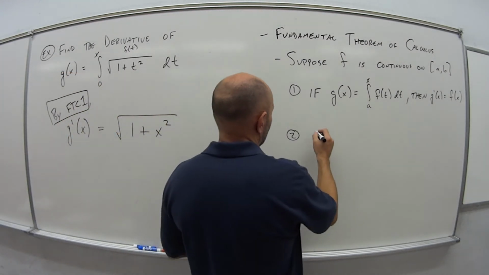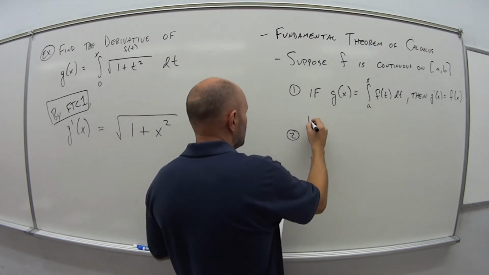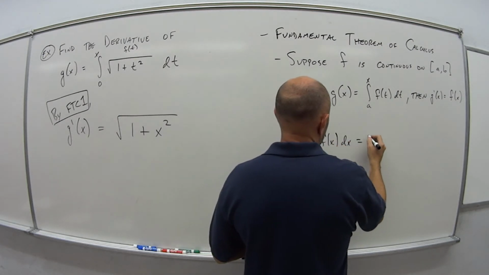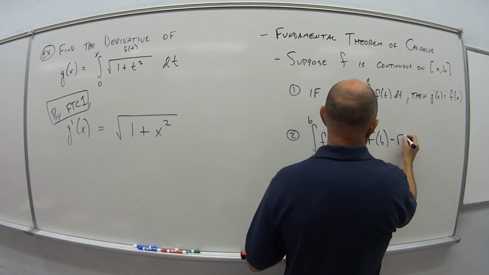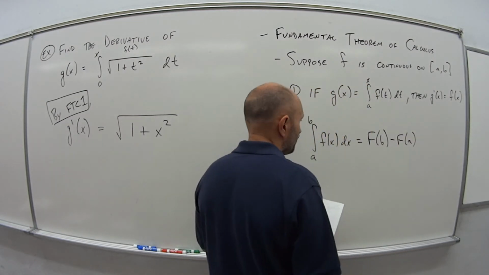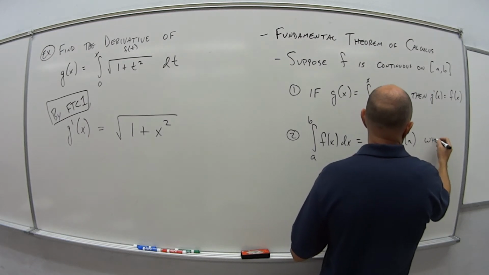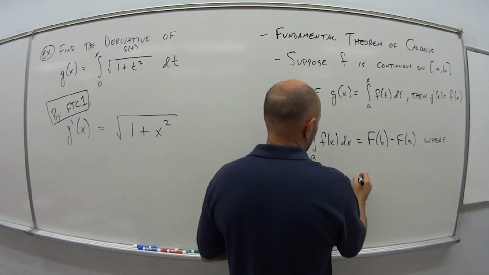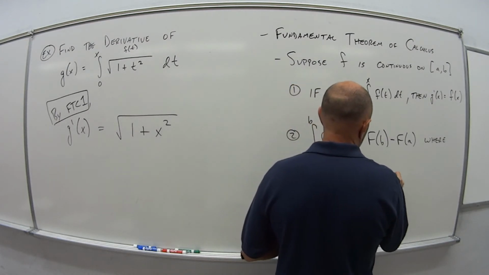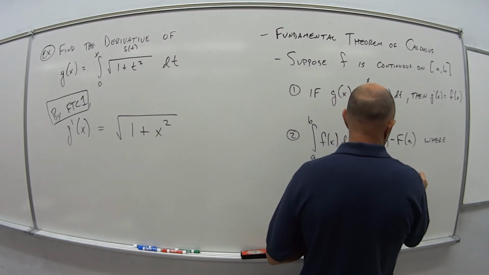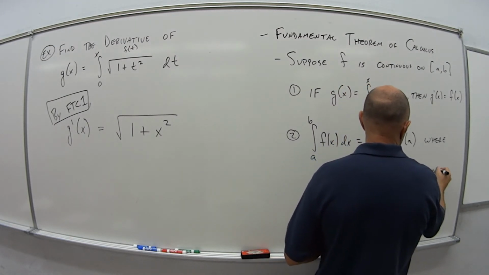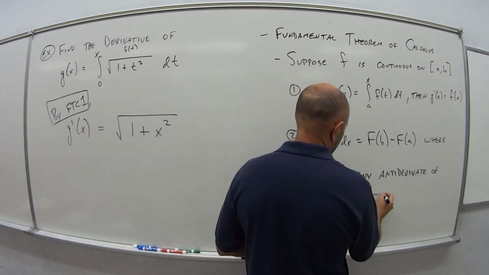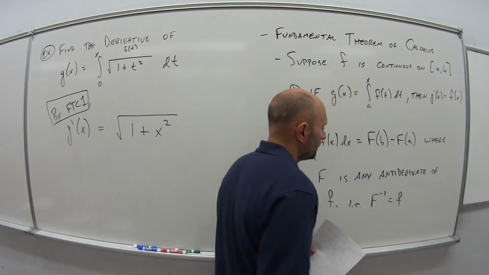It says that the integral from a to b of f of x dx is equal to just capital F of b minus capital F of a, where capital F is any antiderivative of little f, that is, capital F prime is equal to our little f.